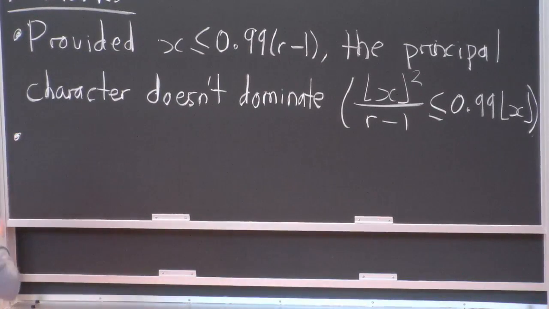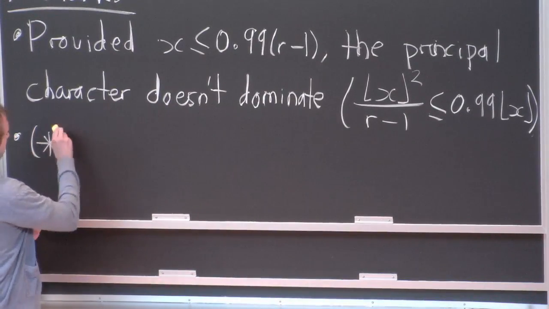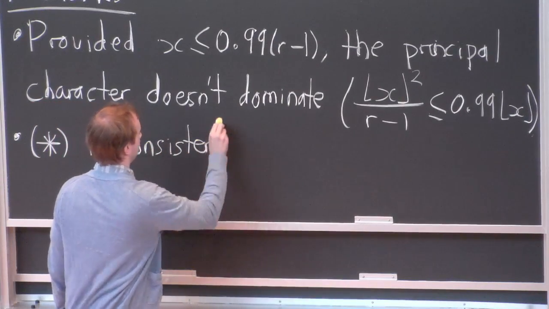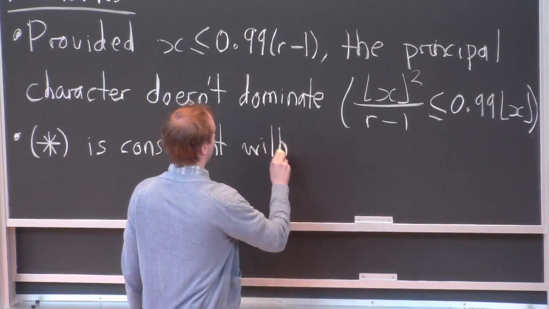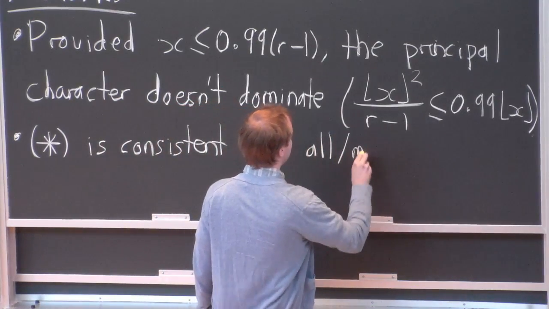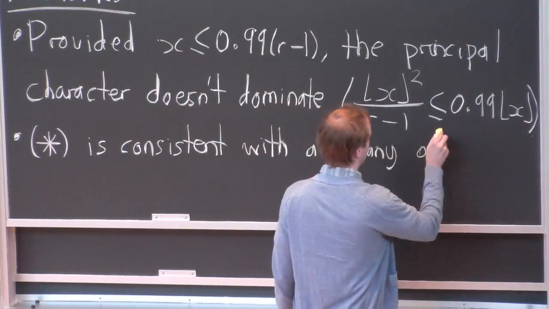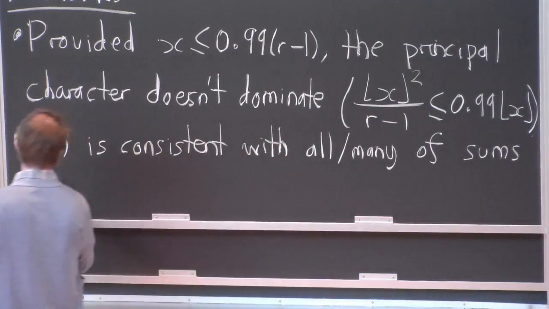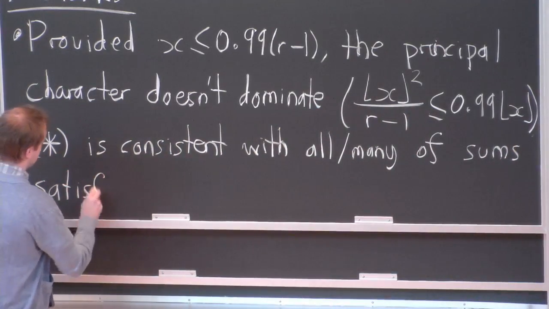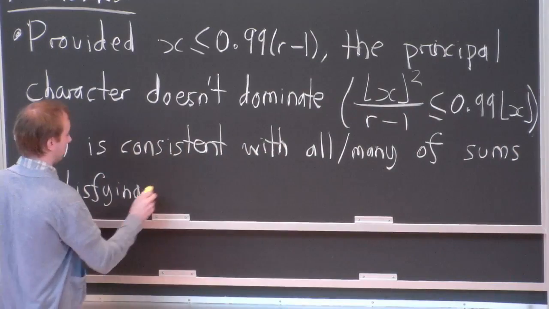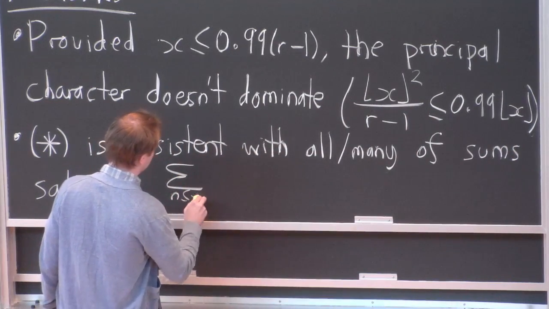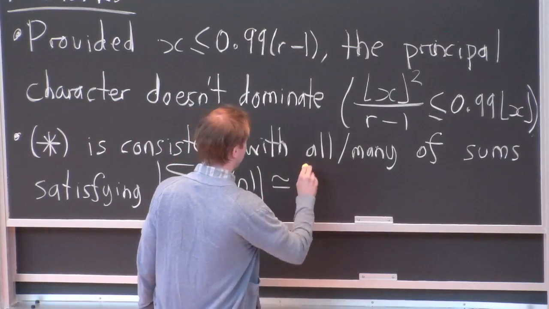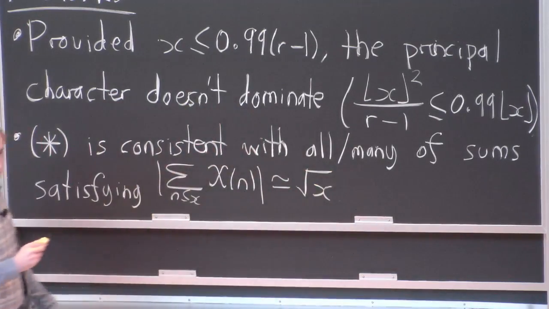Now the other thing is, I think I labeled that star. So star is consistent with all, or at least many, of the sums satisfying that the sum is about square root x in size.